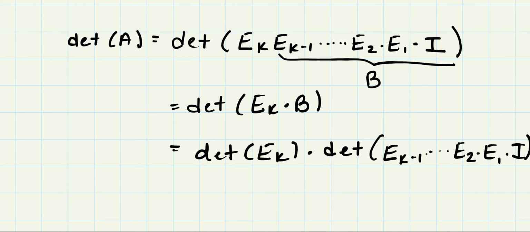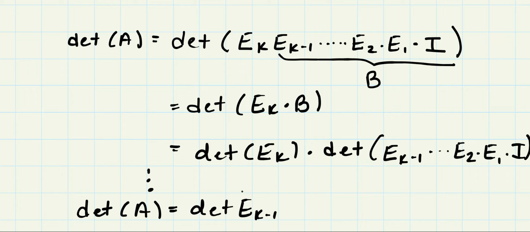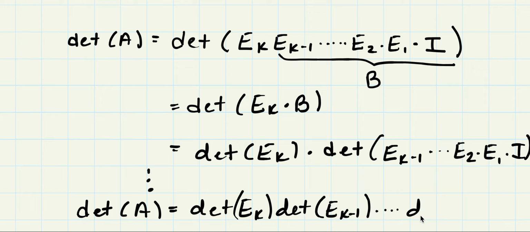But we can repeat this process. We can pull off these elementary matrices. So continuing that, we get that the determinant of A is equal to the determinant of EK minus 1 times the determinant of EK, and then EK minus 1, and so on.